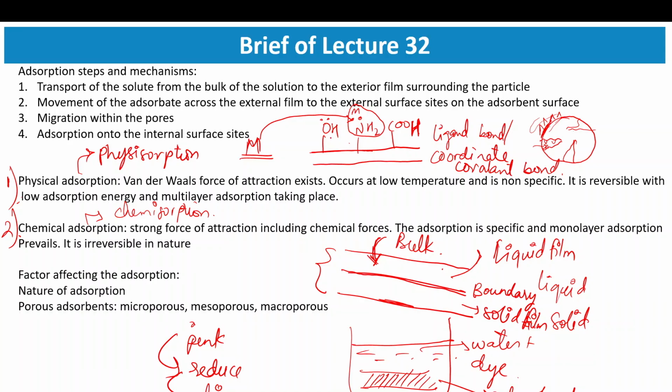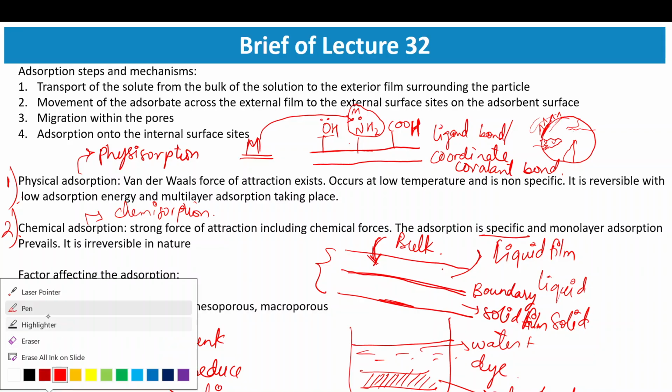And once all these functional groups are occupied, the adsorption will stop, right? So it's sort of a very specific adsorption process, and also only a monolayer will form because the functional groups are only on the surface, and only these will be able to remove the pollutant. So you can say it's sort of irreversible, specific, monolayer adsorption taking place in chemical adsorption.